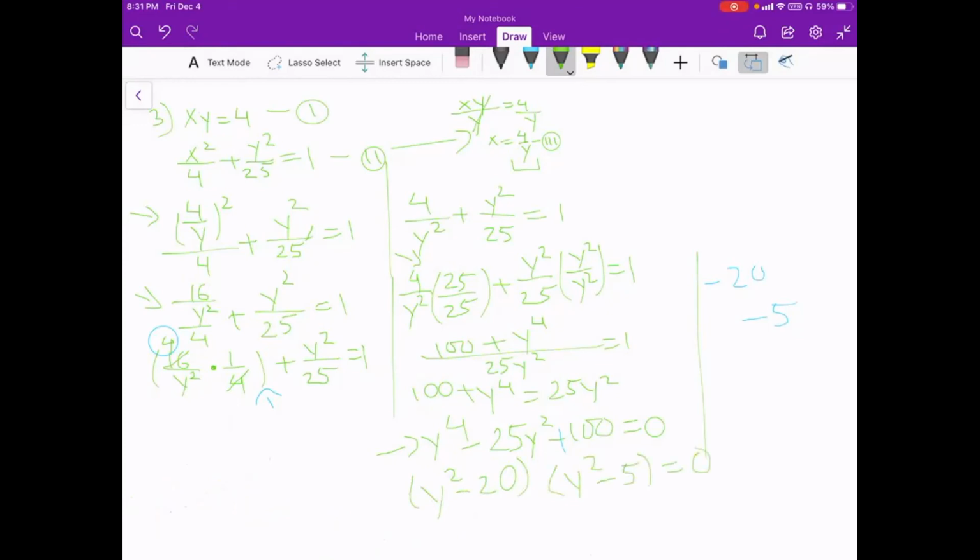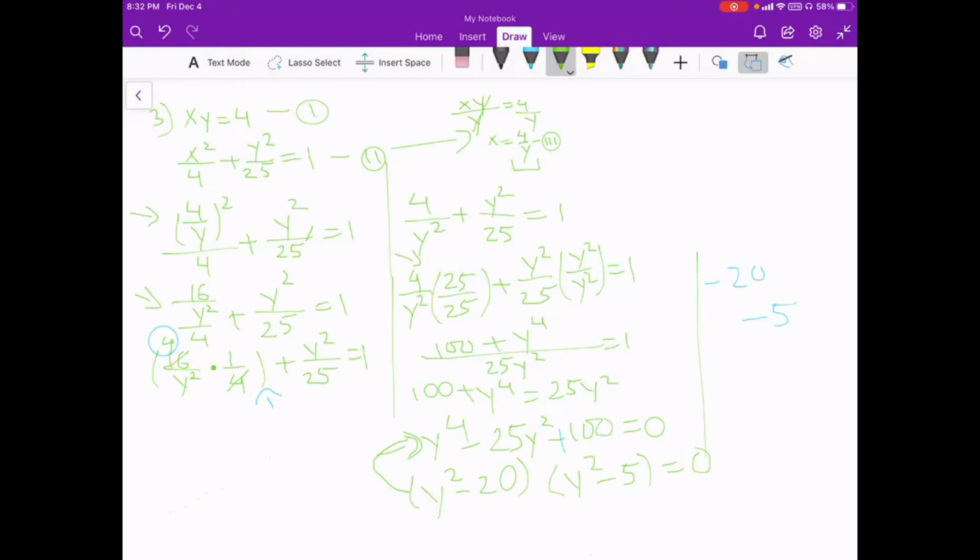Now if you FOIL these two factors, you should be able to return to the expression that you factored. y squared times y squared gives you y to the fourth, so you know that you did the correct thing.